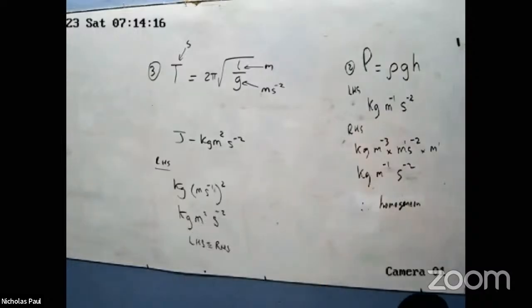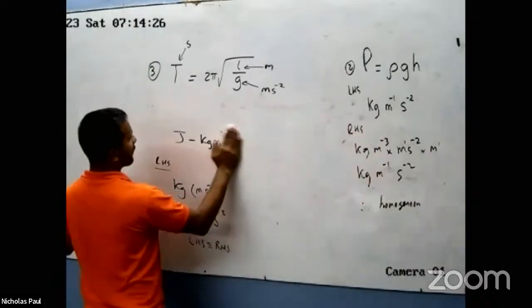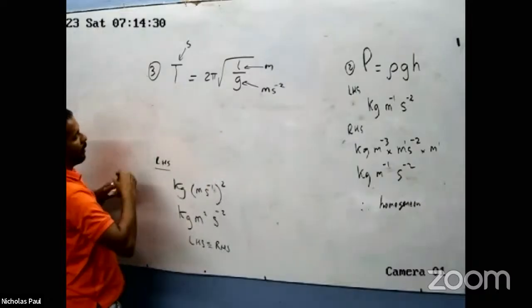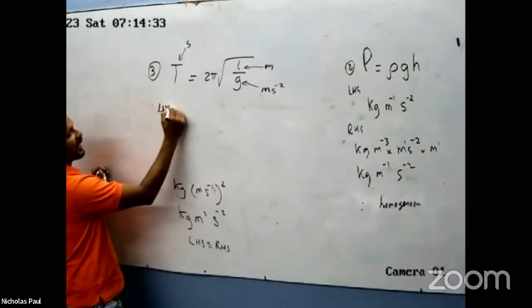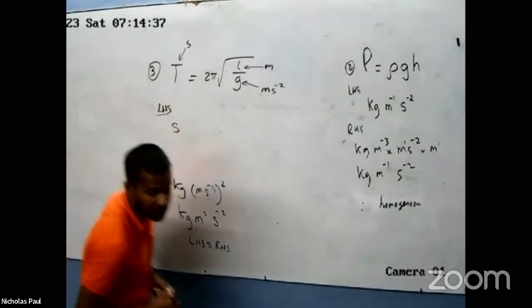Right, what we got online? Anything else yet? Right, so we know what the left hand side is, right? We know that the left hand side is period, that's s. Alright?